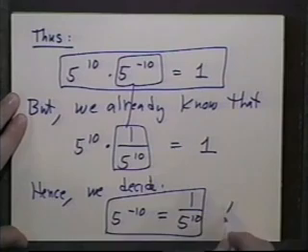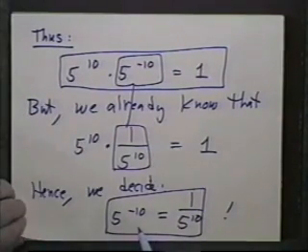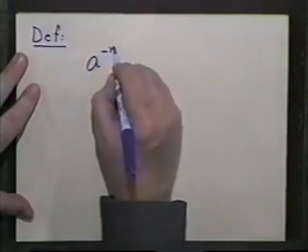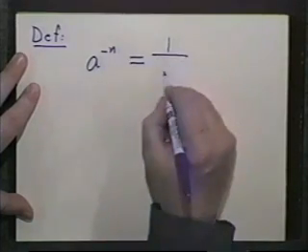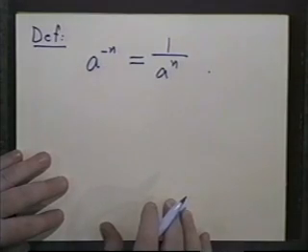Now we have something that we can define, because this makes sense with our number system and what we've been doing. So, definition. A to the minus n will be defined to be 1 over a to the n, based on our example with 5 a moment ago.